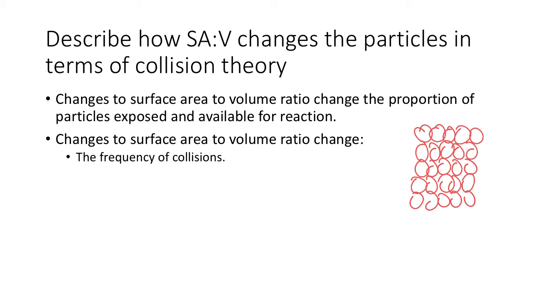The only ones that can react are the ones on the outside. The reason for that is that, remember, you have to have a collision for a reaction to occur. The ones on the inside have no way to collide with the other reactants, so as reactants come in to collide, they'll collide only with the outside ones.